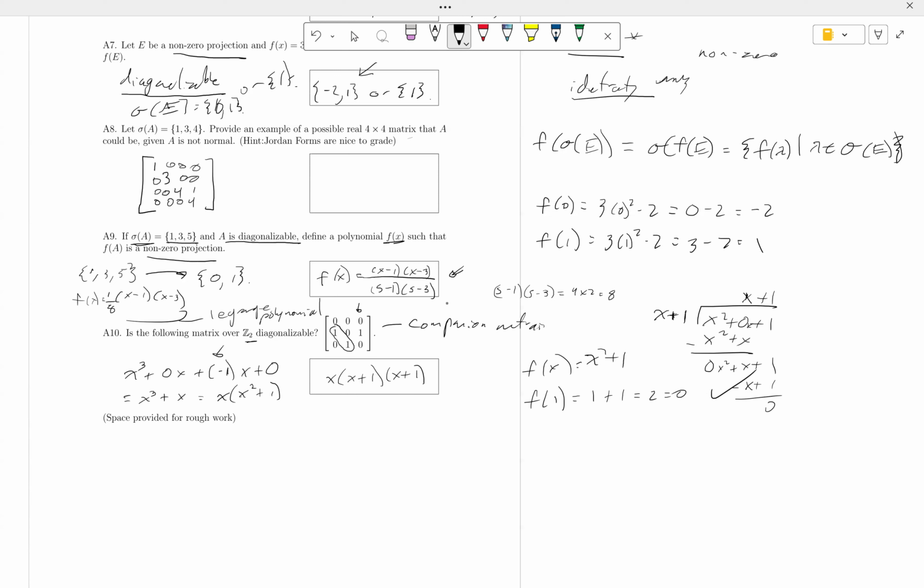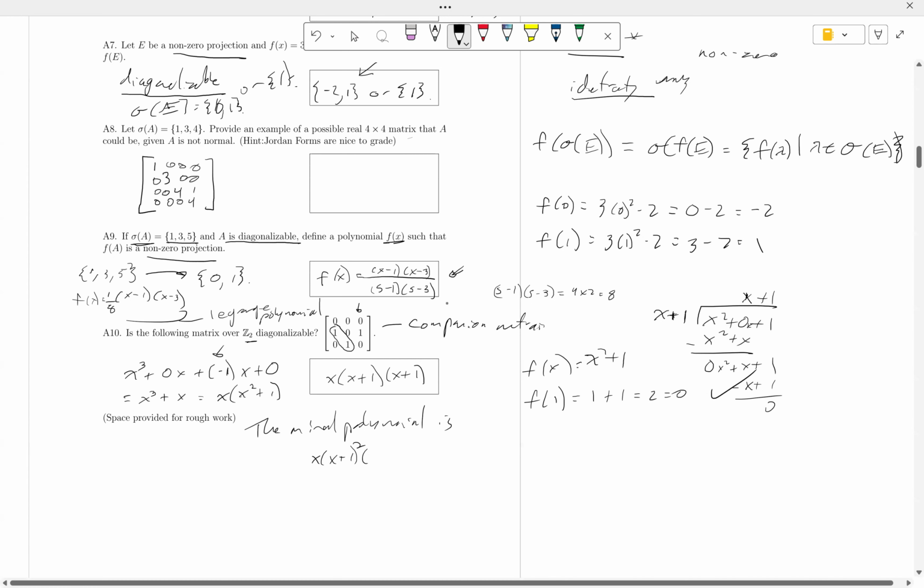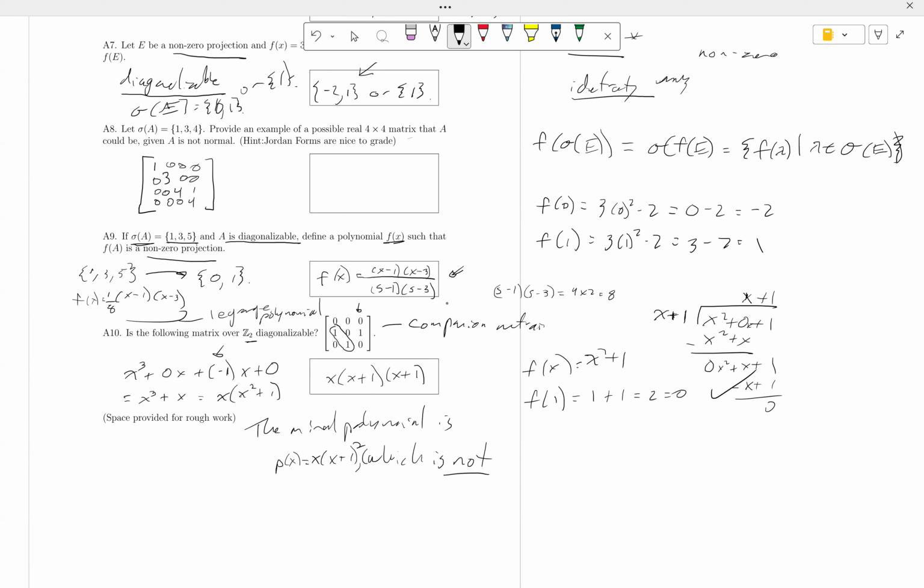Yes, it's a product of linear factors, but it's not a product of distinct linear factors. The minimal polynomial is x plus 1 squared, which is not a product of distinct linear factors.